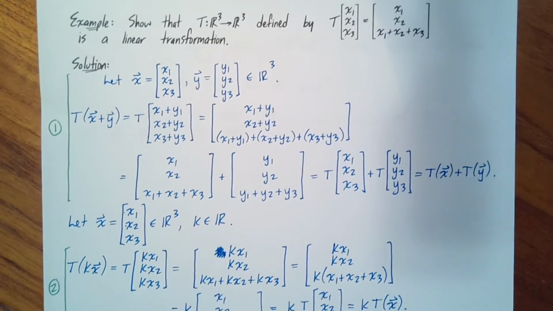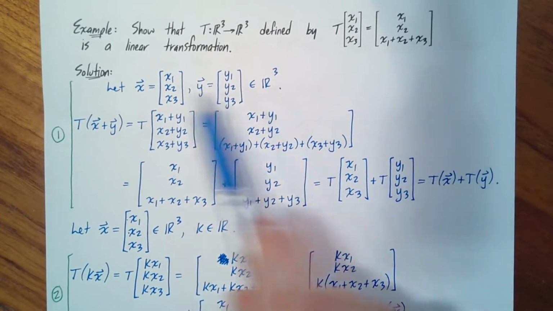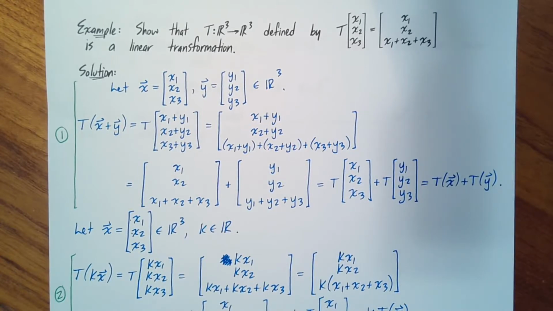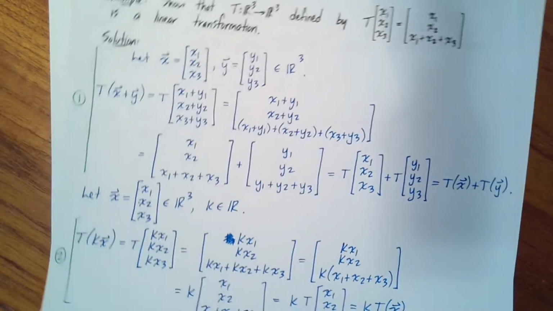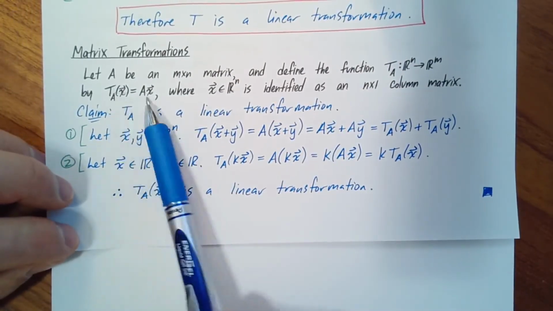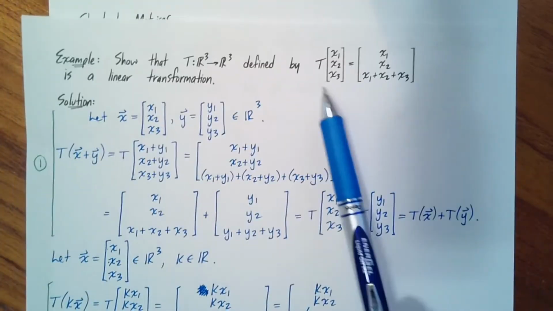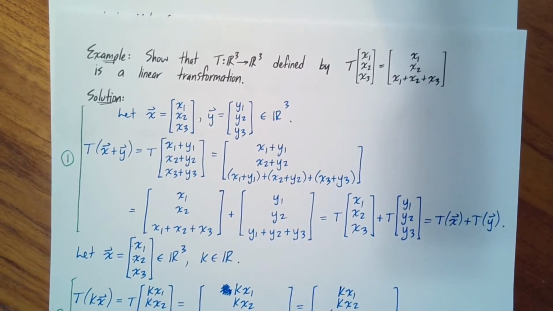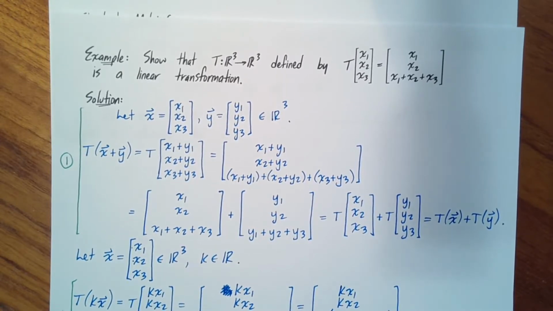So for example, this linear transformation up here, there's no matrix A involved in this question, but there's some matrix A that you can come up with, that if you define the linear transformation corresponding to that matrix, you're just going to get this one. There's some appropriate matrix out there that you could choose that will do the job. And we'll look a little bit more at that on the next page.